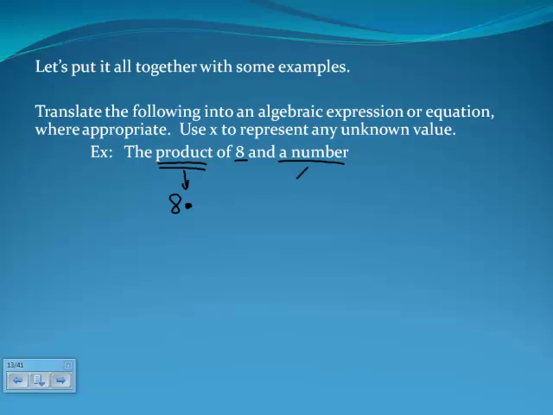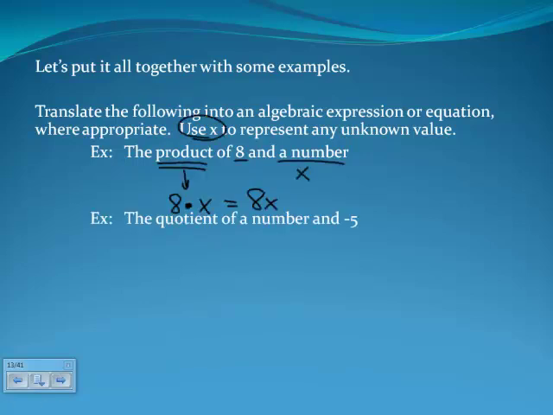We're going to let that be represented with x because that's what the problem says to do. And so the product of 8 and a number would be 8 times x. And you're done, unless, of course, you want to just write it as 8x without the multiplication dot. Remember, if we have a constant and a variable combined with multiplication, you can leave it without anything written in between, and it's understood multiplication.